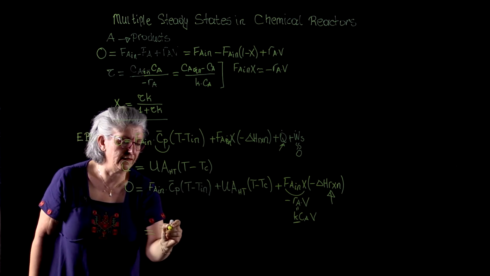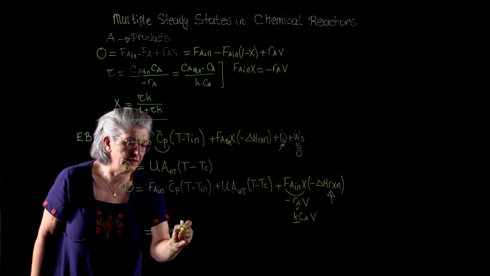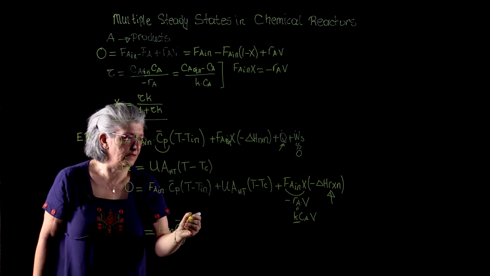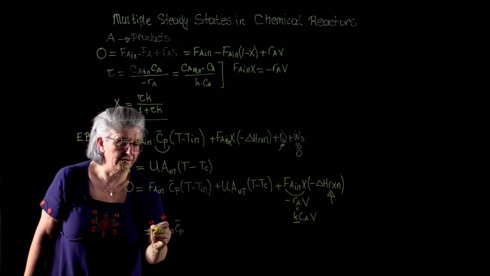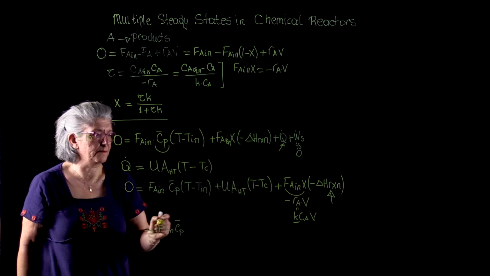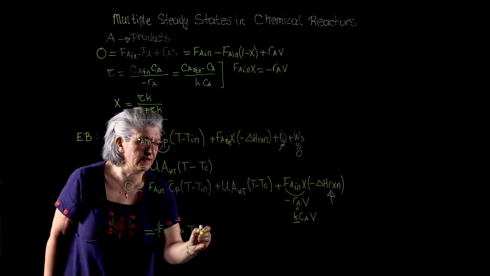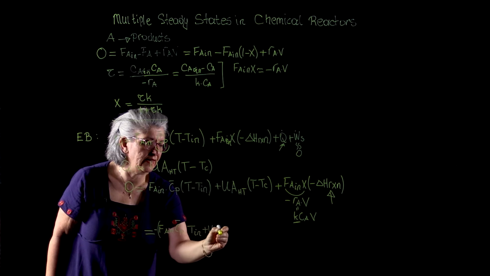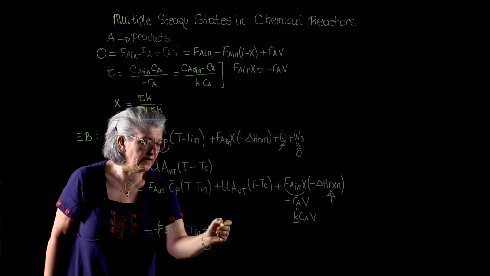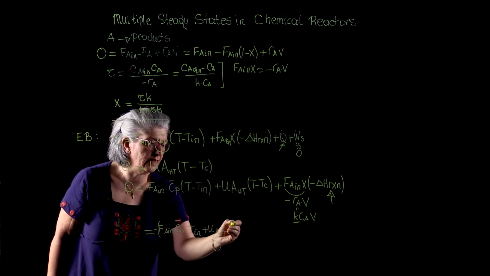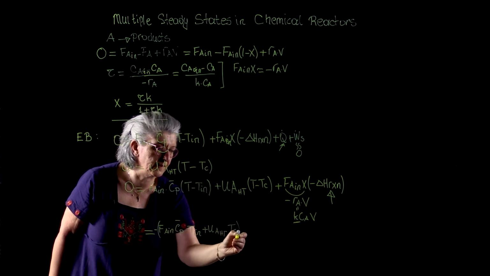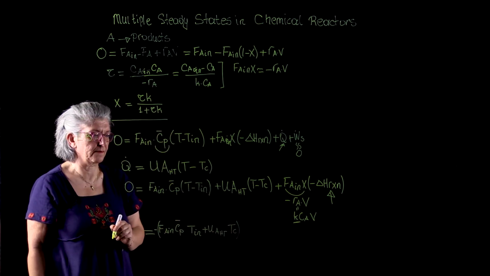FA in CP average with a minus in front in a parentheses times T sub in plus U A HT, meaning heat transfer area, times T sub C. These are our constants.